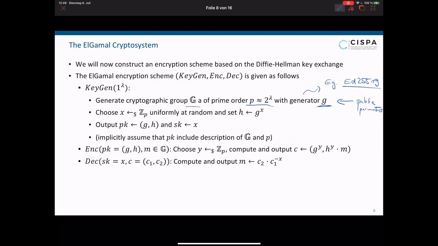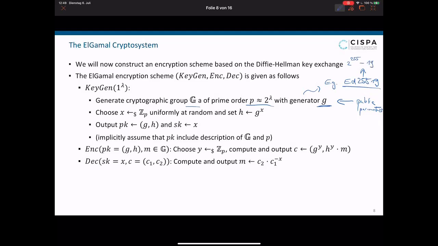I'm not the utmost expert, but I think it's the same. And Ed just stands for Edwards curve. This is a special type of elliptic curve. But here's the thing: the order of this group is 2 to the 255 minus 19.